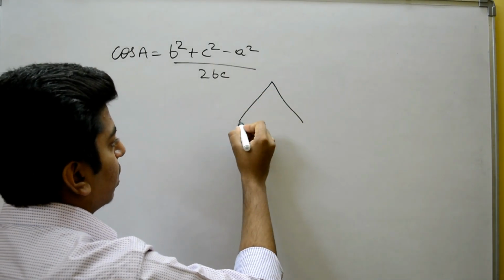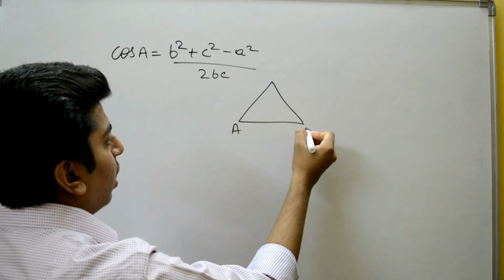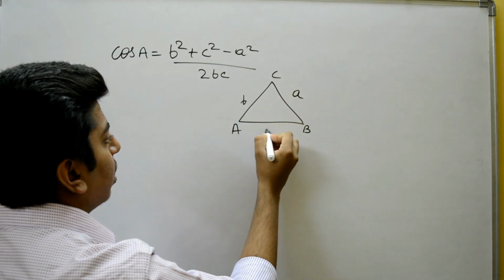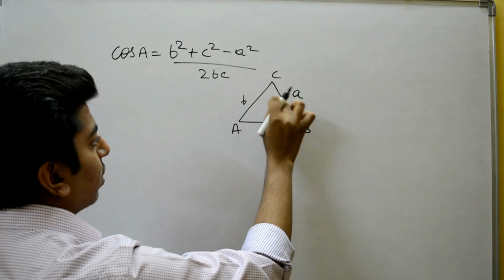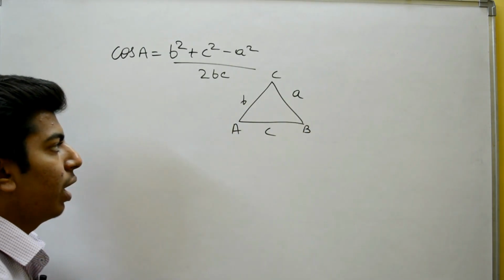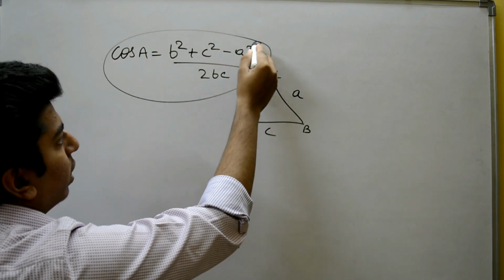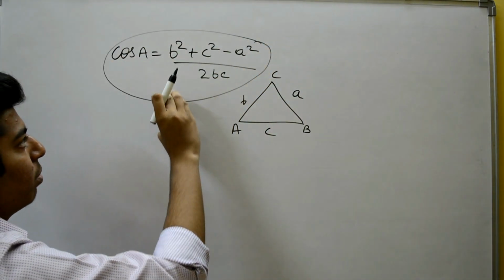If this is the triangle ABC, then these are the sides of the triangle. So this is all about the cosine rule, and this is the formula for it.